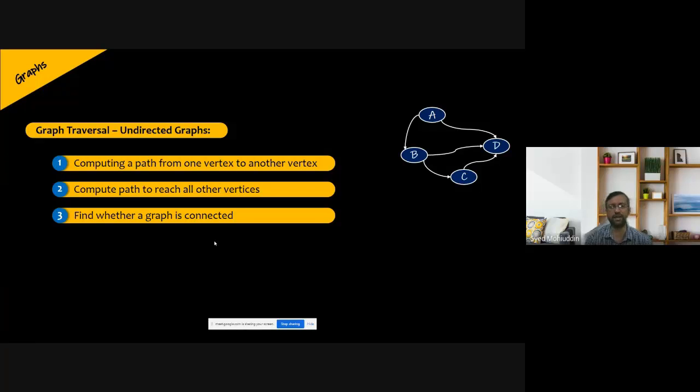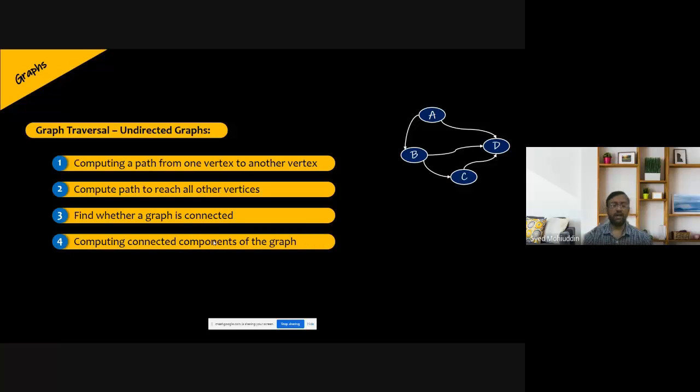That is, every vertex can be reached from the other vertex. Graph traversal is also used for finding whether the graph has connected components. Sometimes if one node goes down, the edges which connect the other nodes also go down, and then there will be more than one component. So that is why we need graph traversals.